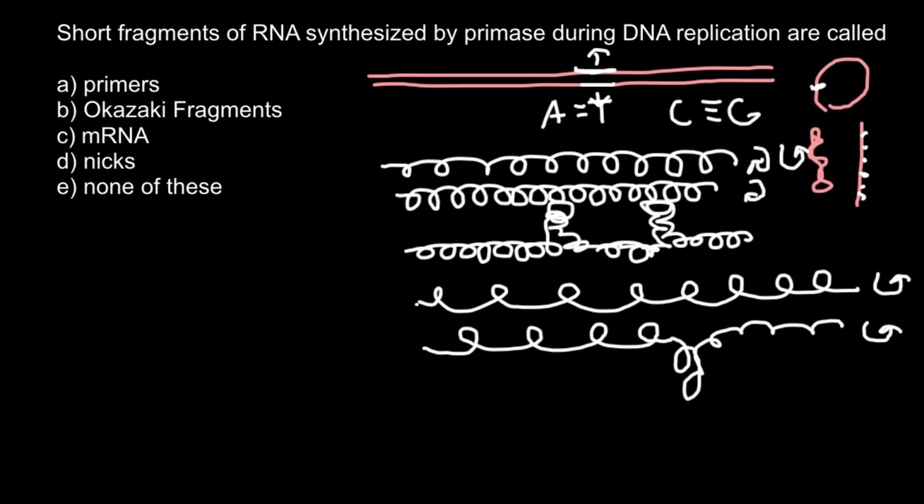strands of the DNA. And we also can find some bacteria in positively supercoiled form, and usually these are extremophiles.